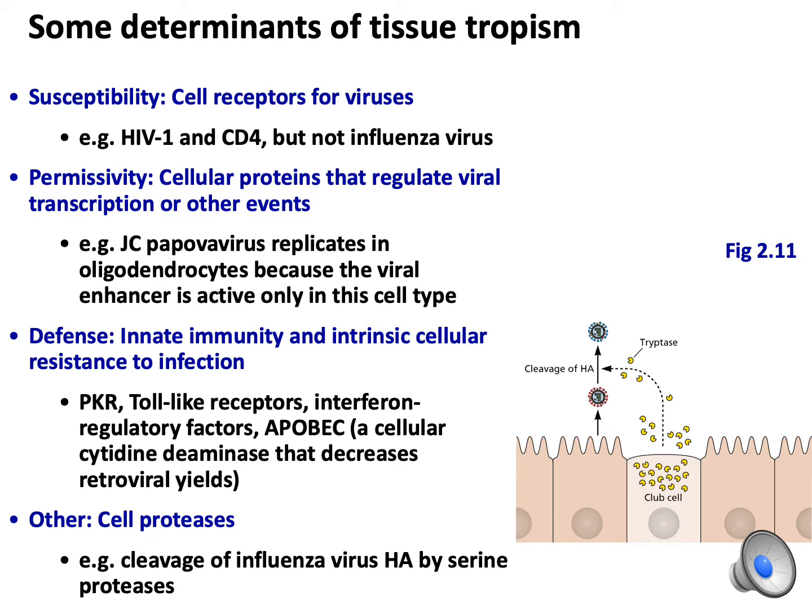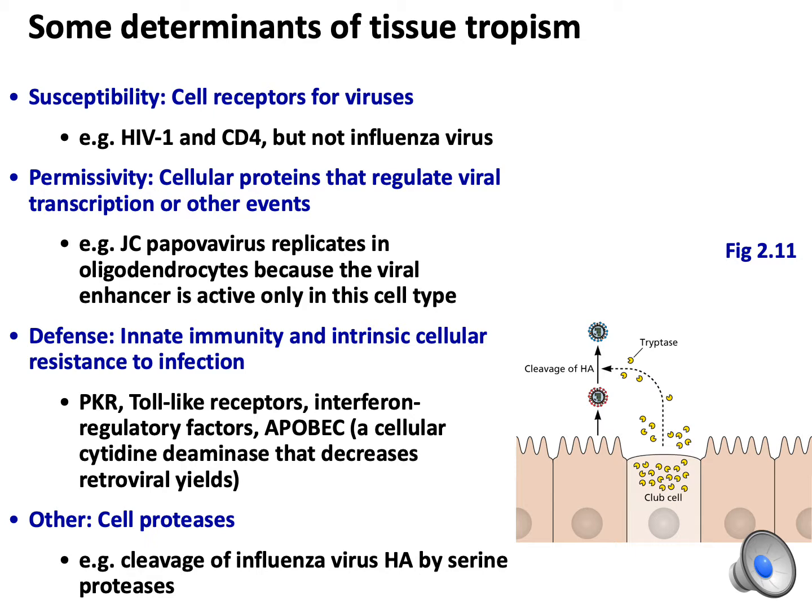Other cellular proteins can regulate permissivity, even things like transcription factors. So JC virus, which is a papovavirus, replicates in oligodendrocytes because the viral enhancer is active only in this cell type. And there are other examples like that.